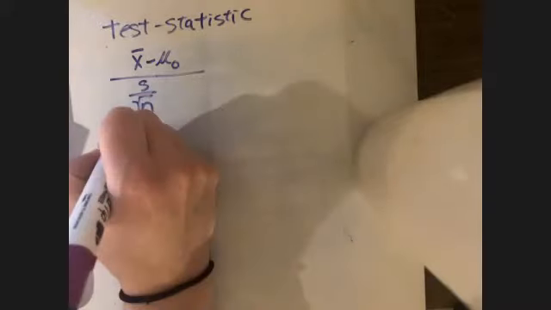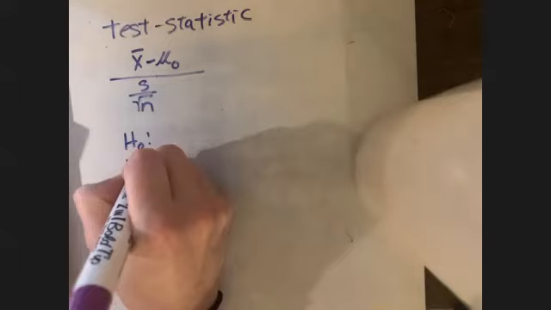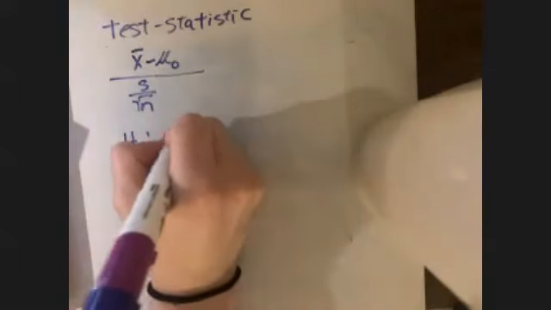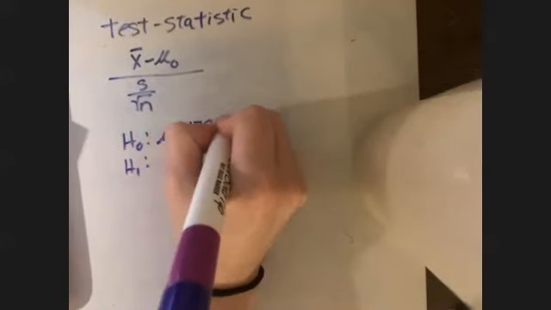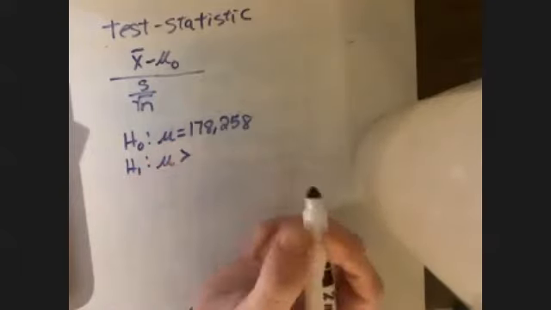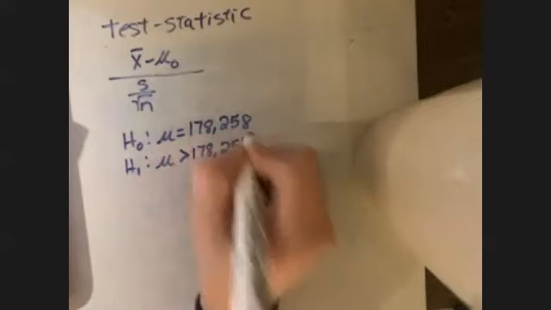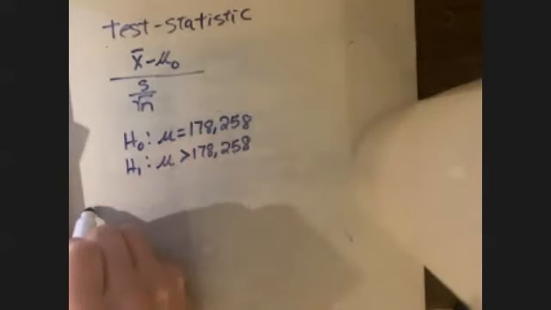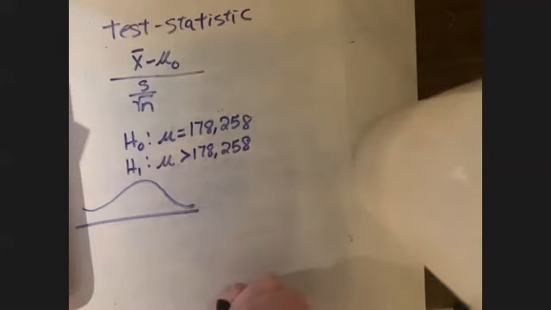Okay, so let's start by writing up our two things. They're saying that there is a statement that says the mean is 178,258. They're wanting to show whether or not it's greater than 178,258. Okay, now with the classical approach, the first thing I'm going to do is go to my bell curve.